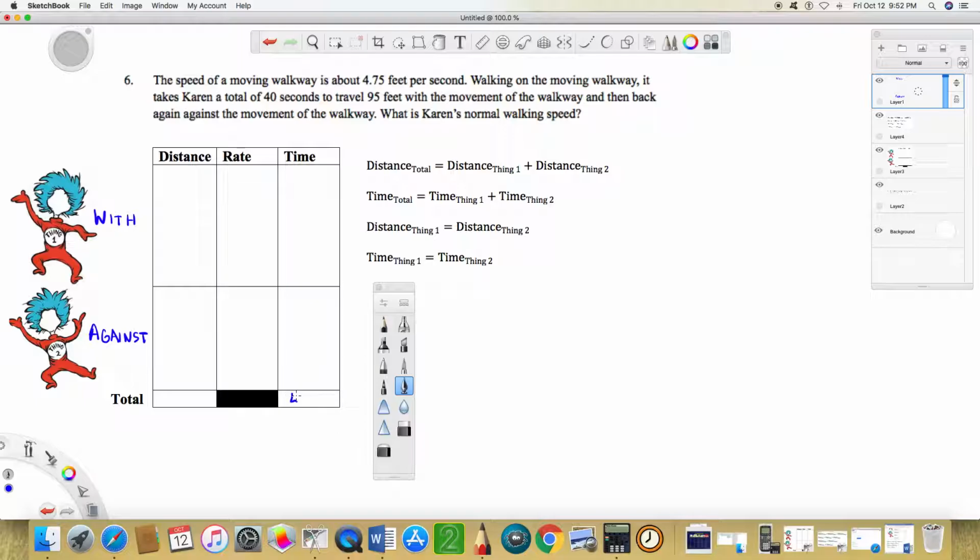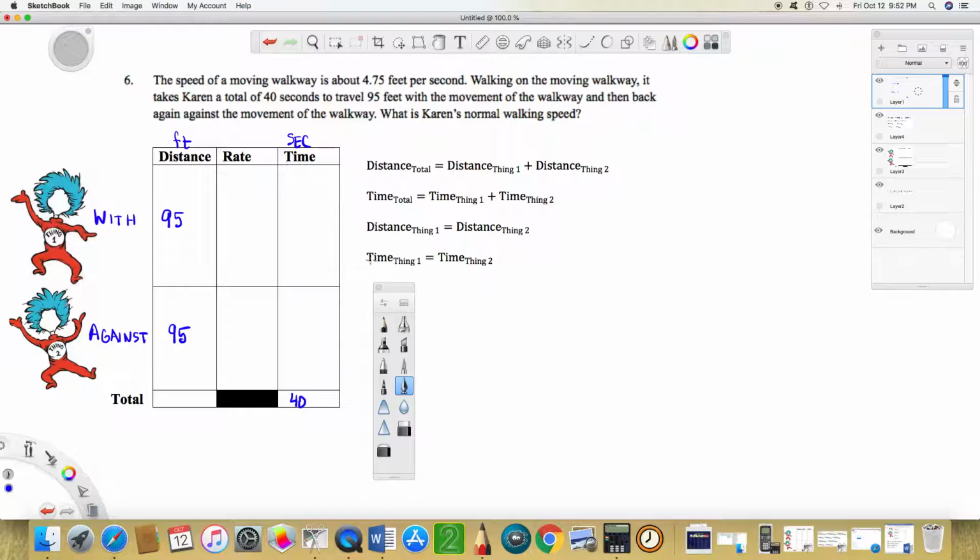So I have a total of 40 seconds, and she travels 95 feet and then back again. So a distance of 95 feet with the walkway and then back 95 feet against the walkway.